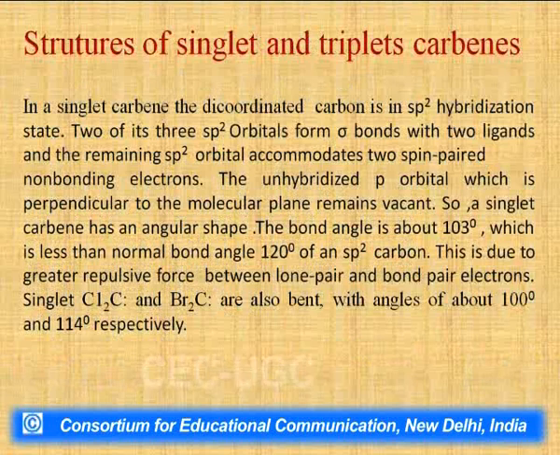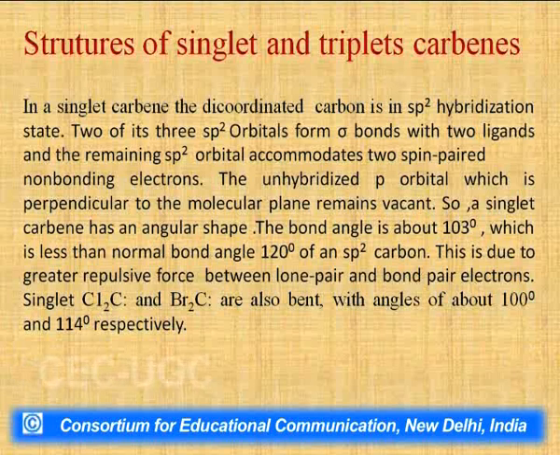Carbene exists in two forms, singlet and triplet. In a singlet carbene, the di-coordinated carbon is in sp2 hybridization state. Two of its 3 sp2 hybrid orbitals form sigma bonds with 2 ligands, and the remaining sp2 orbital accommodates 2 spin-paired non-bonding electrons.